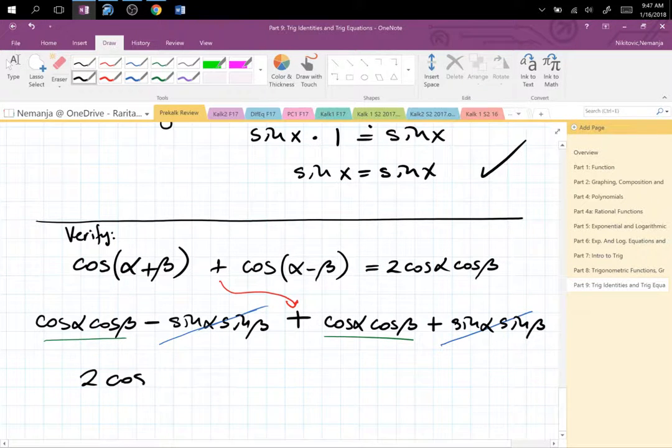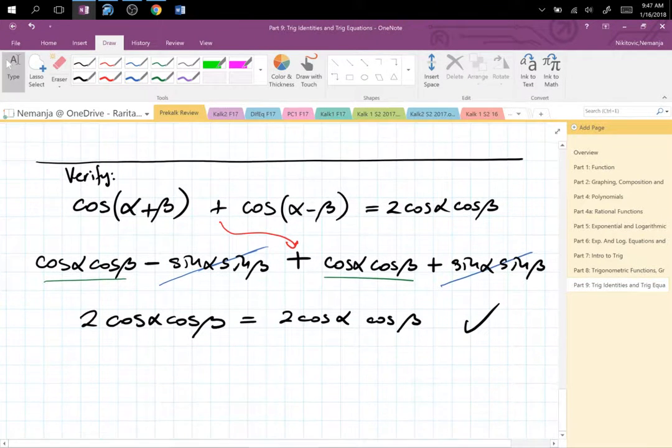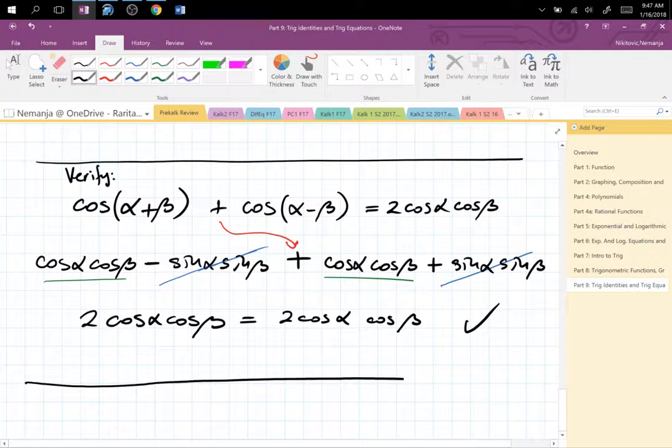So 2 cosine alpha cosine beta is equal to 2 cosine alpha cosine beta, and the identity is verified because we have the left side equal to the right side. It's computation. You grind through these, and there you have it.